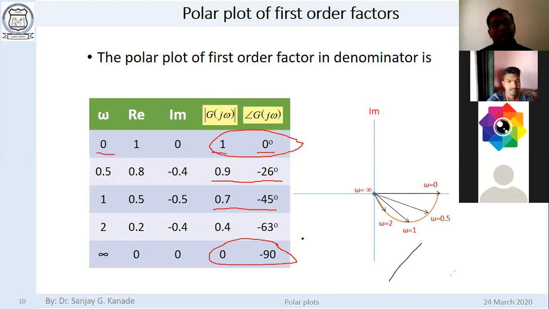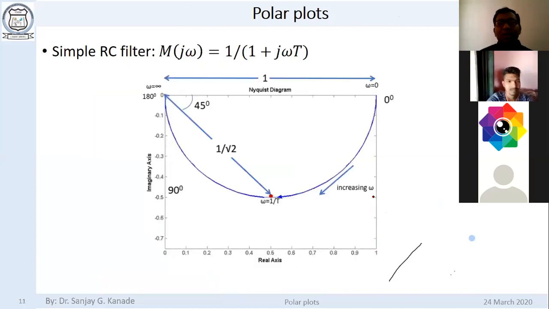So these are the things that we must take into consideration. When we plot it, we have to take the angle here. You can see it goes in this way. So the plot is like this, and then it goes back to here. This is the polar plot of the first order factor in denominator.